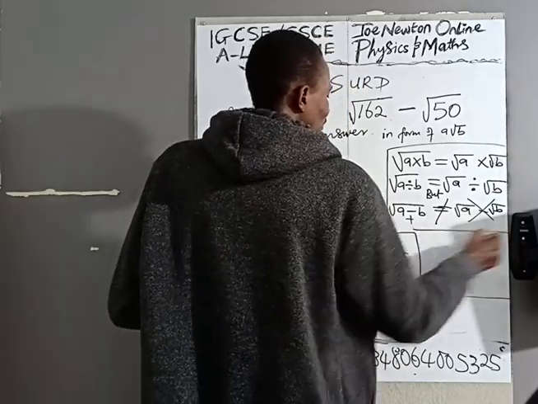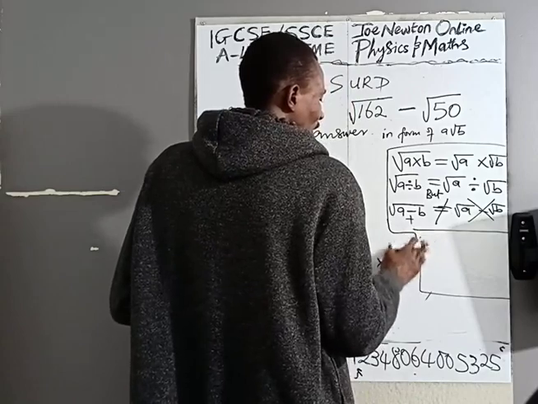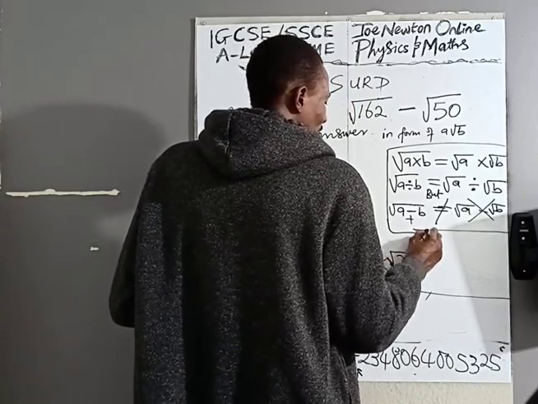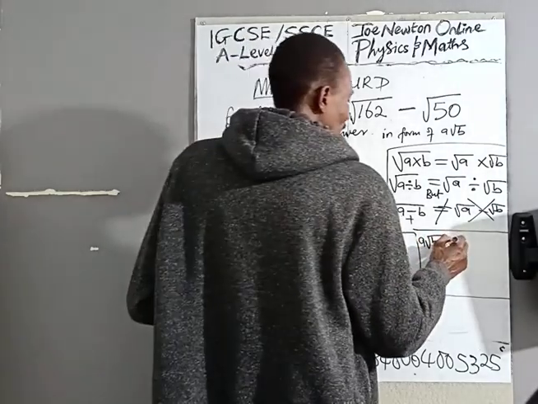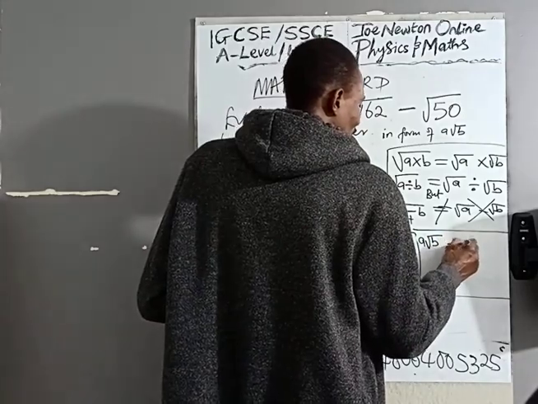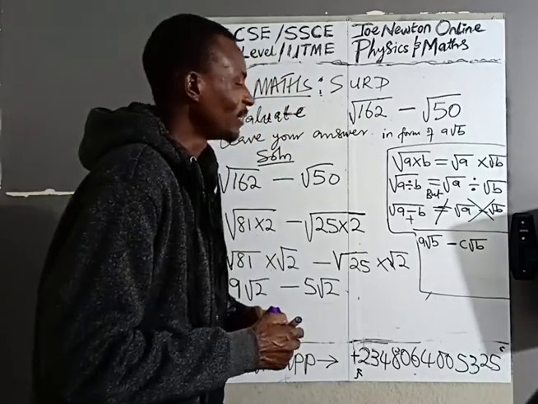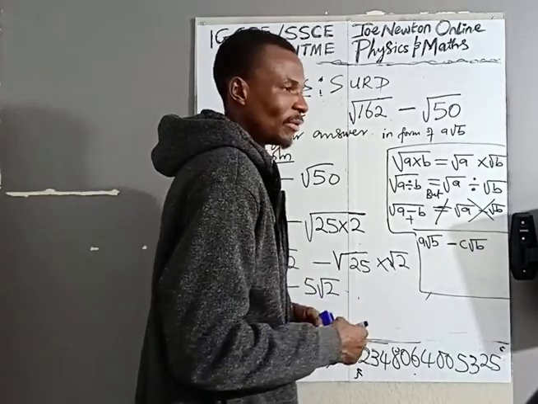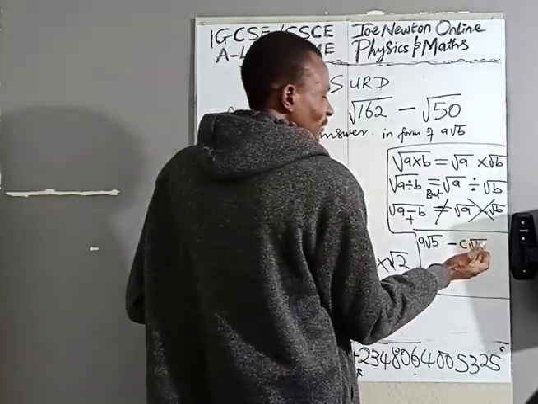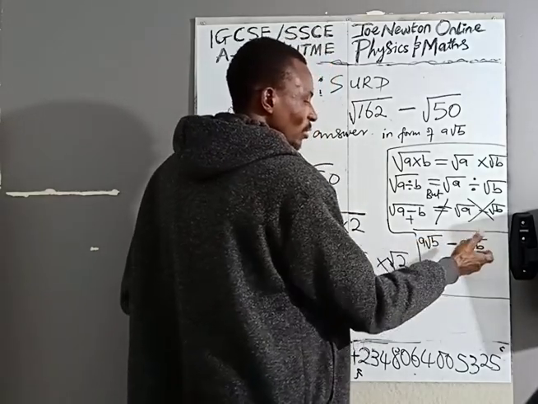If I have A surd B minus C surd B, then these are similar surds. Reason: both of them have the same surd, surd B and surd B.